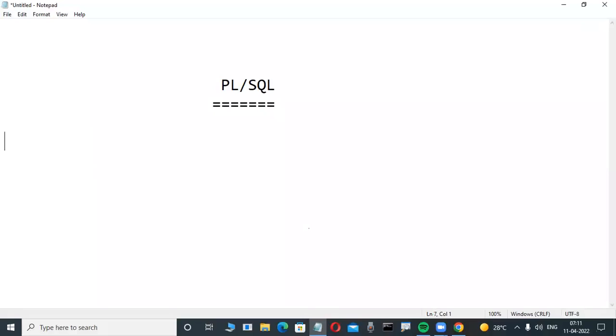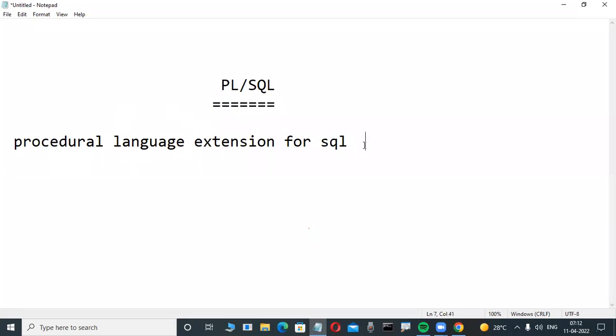PL/SQL means Procedural Language extension for SQL. This is an enhancement only. PL/SQL is a procedural language extension for SQL.